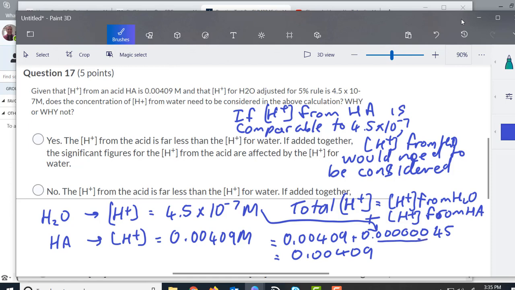So I'd say, as a rule of thumb, if the H+ from the HA is less than, say, 10 to the negative 5, then the H+ from water would need to be considered.